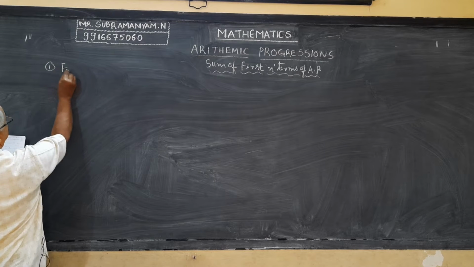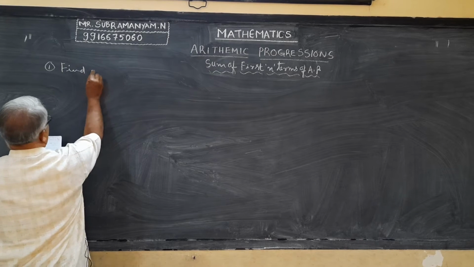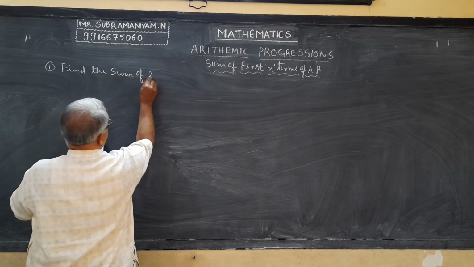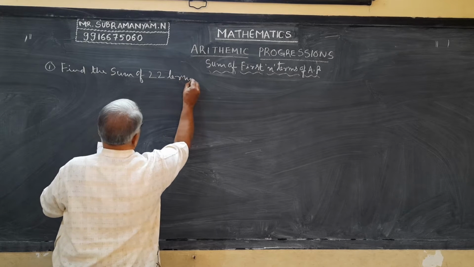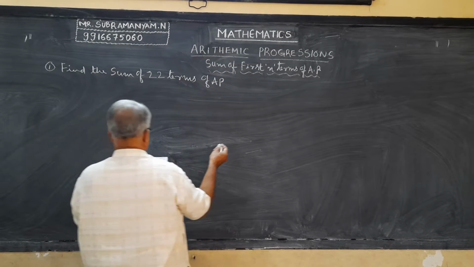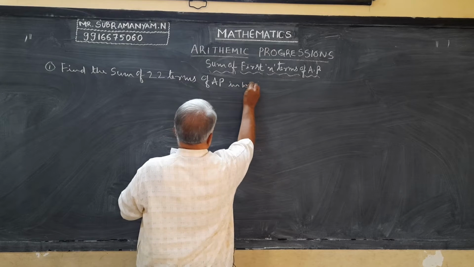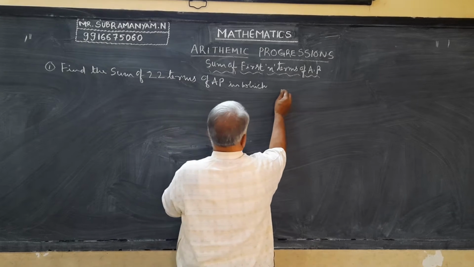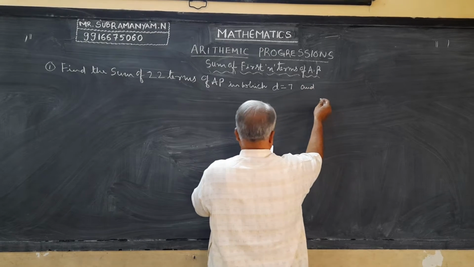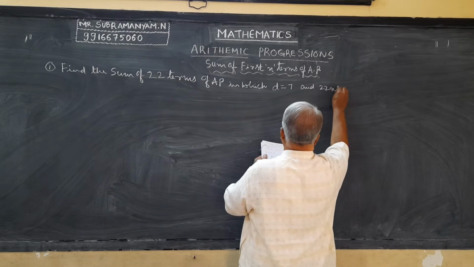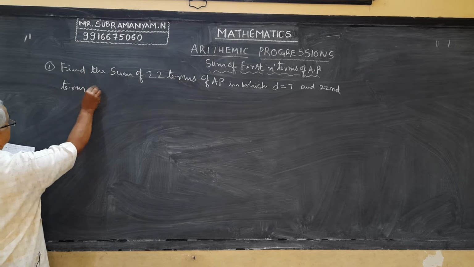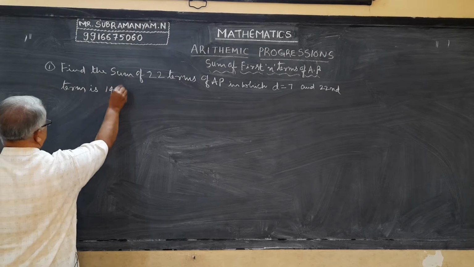Find the sum of 22 terms of an AP in which d equal to 7 and 22nd term is 149.